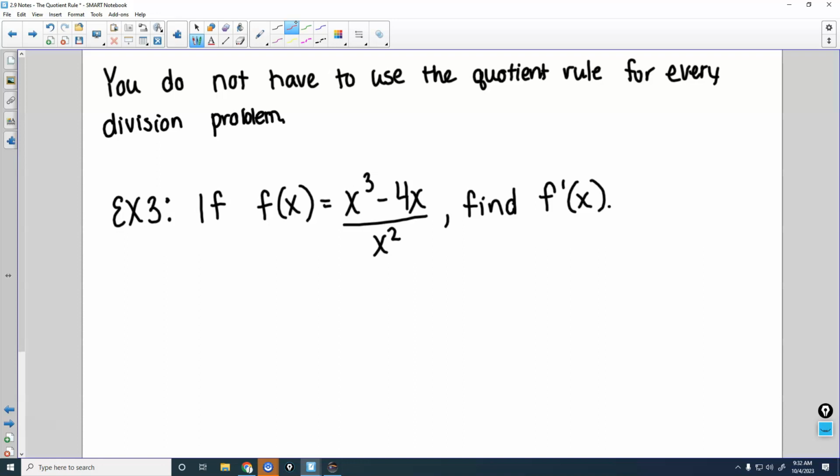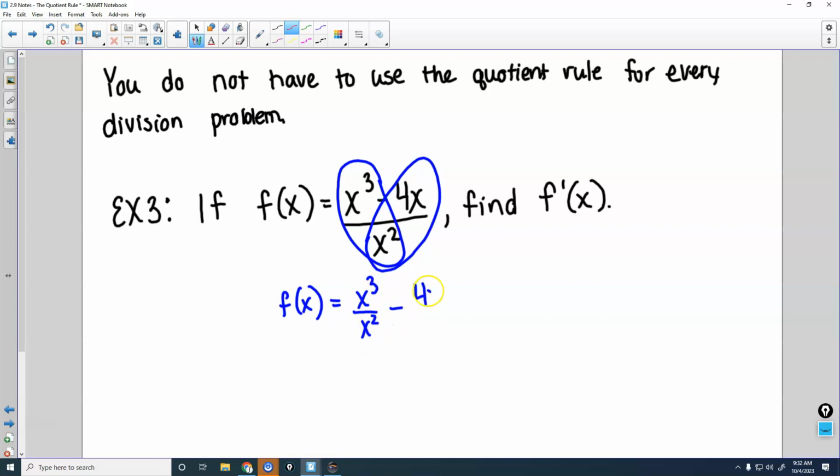But in this denominator here, I've only got one thing. So could I love connection this? Or I could move it to the top with a negative exponent and then distribute it. That's another option. But love connection on this one would give us x to the third divided by x squared minus 4x over x squared.